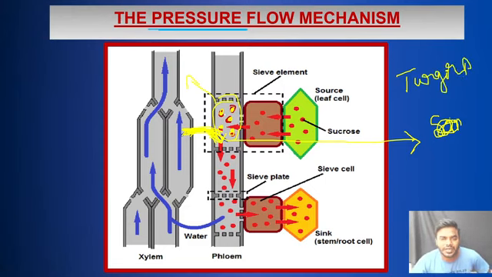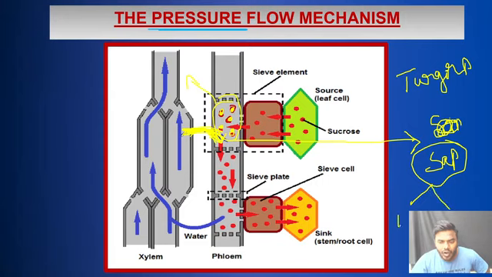Because of that particular turgor pressure only, friends, the sap starts moving. What do you mean by the sap? Water and sugar together we call the sap. Now everyone listen to me carefully. Because water creates a turgor pressure, the sap moves down. You can see here all the sugar and water easily come down.